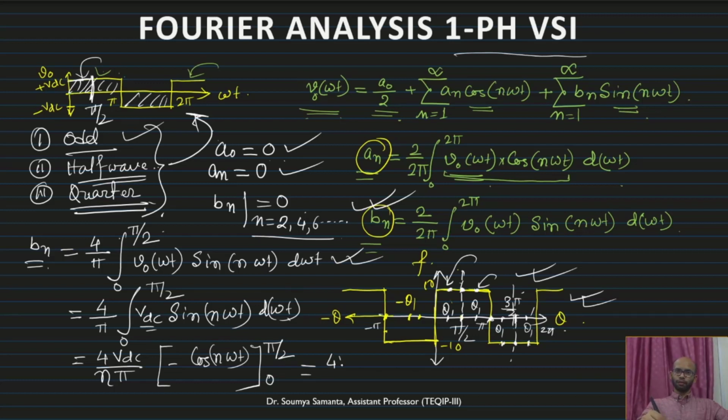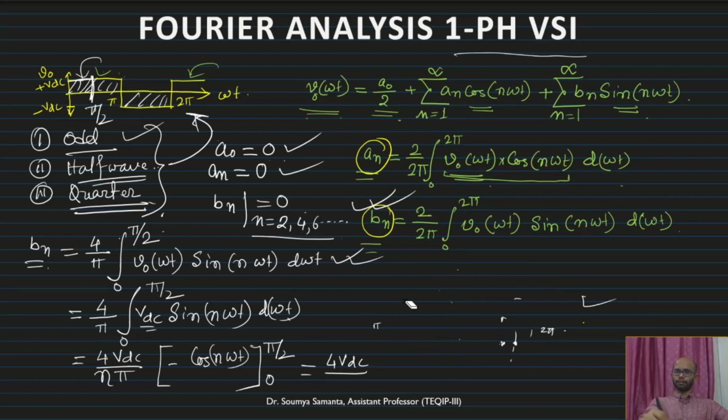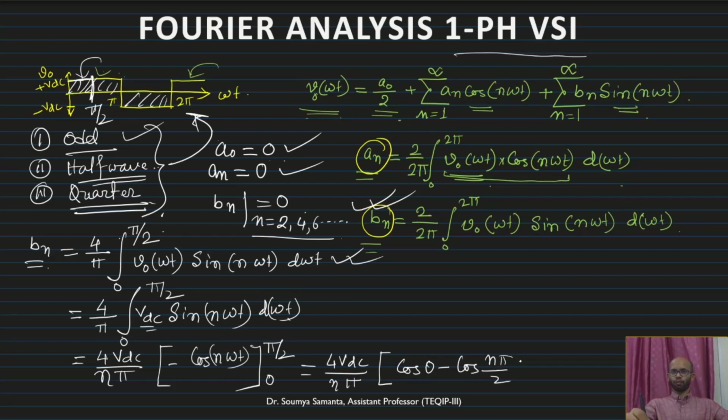So what we get? 4 VDC, n pi. This will be cosine of 0 minus cosine of n pi by 2. This is what we will get.